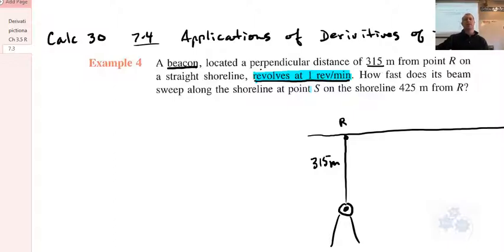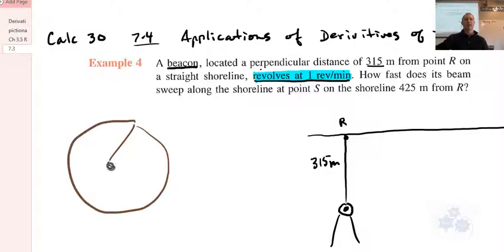The circumference would be the perimeter of a circle. So think about it: not radius, not diameter, not circumference. If this is the center, we're talking about 1 revolution, which is 2 pi. Now think about angles.